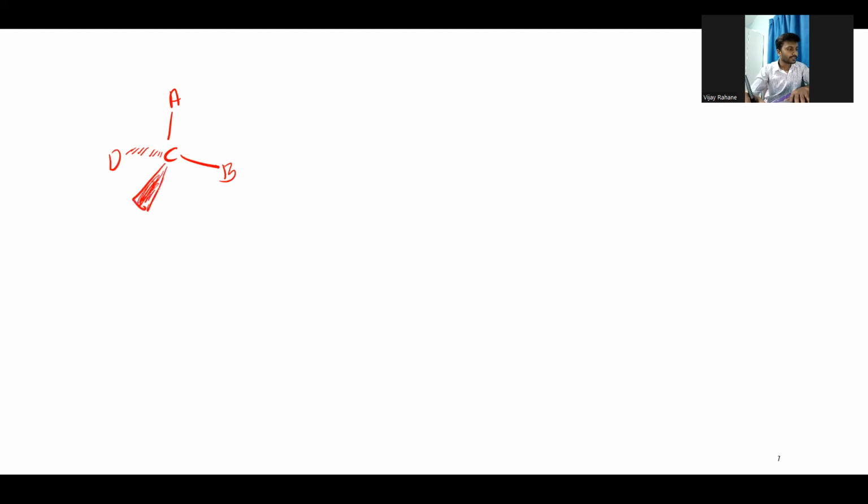And let's say here there is an atom, we call it E for our understanding. So this carbon atom has 4 different groups or atoms. A, B, D, and E may be atoms or groups, but they are 4 different from each other.